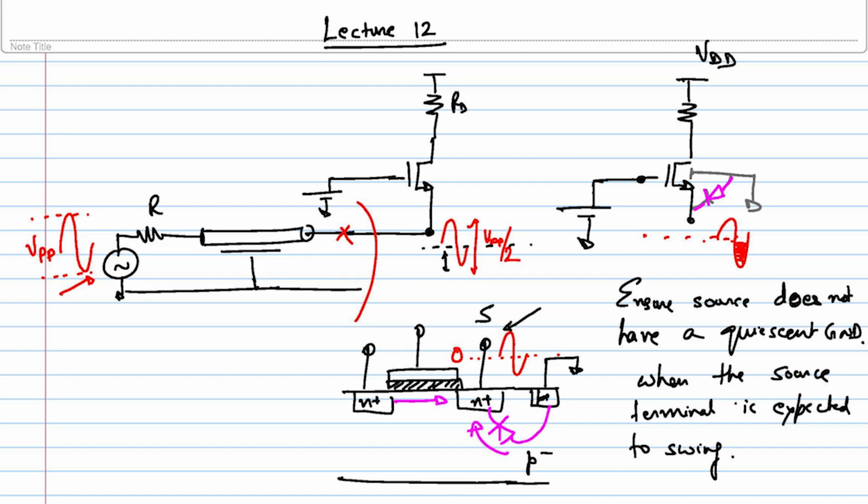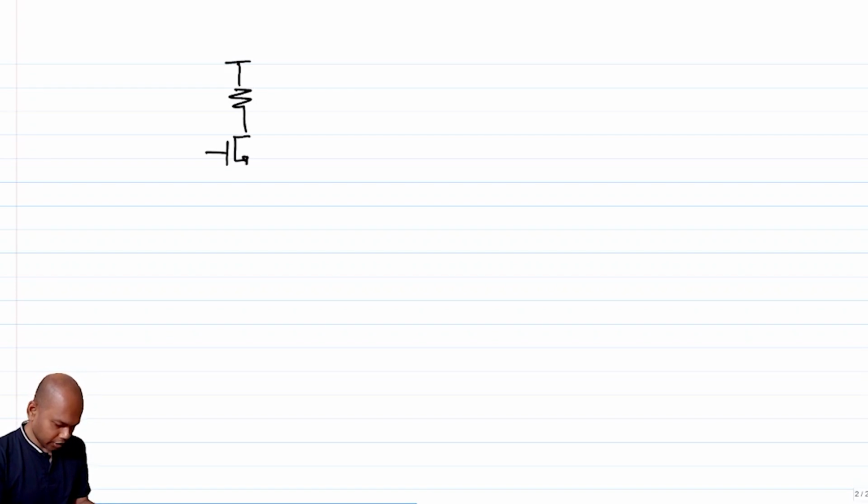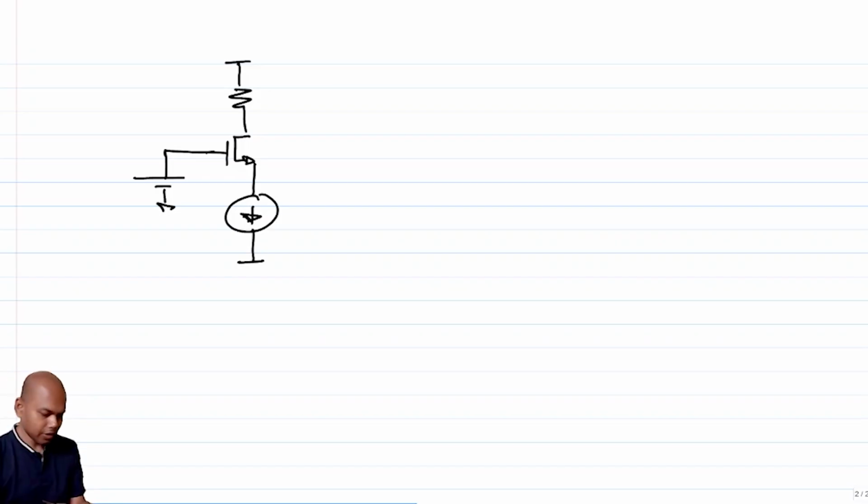So how do we start off biasing? By the way, how do we bias any common gate amplifier? In our basic analog circuit courses, we have seen the way to bias a common gate amplifier. The general way to bias is to put a current source at the source terminal, right? And one might also want to put a resistor.